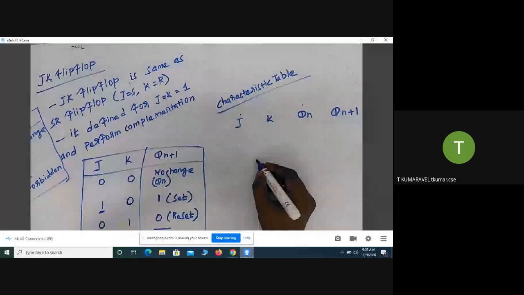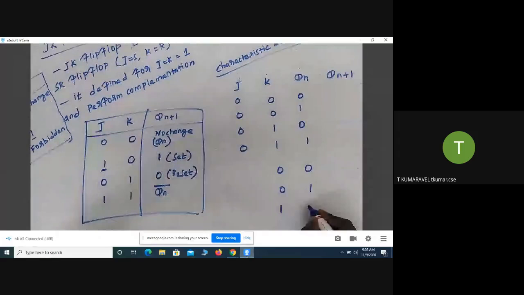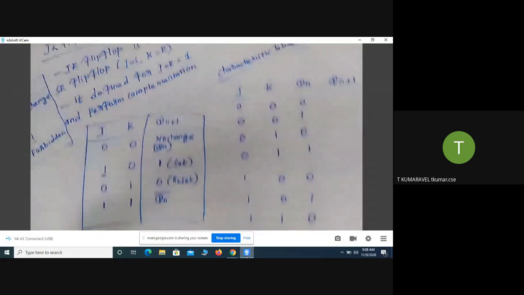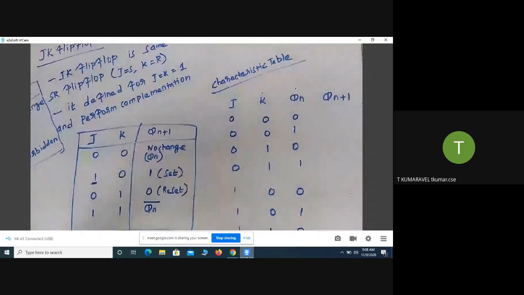Eight: 000, 001, 010, 011, 100, 101, 110, 111. How do I fill up the output? Based on the JK flip flop table.